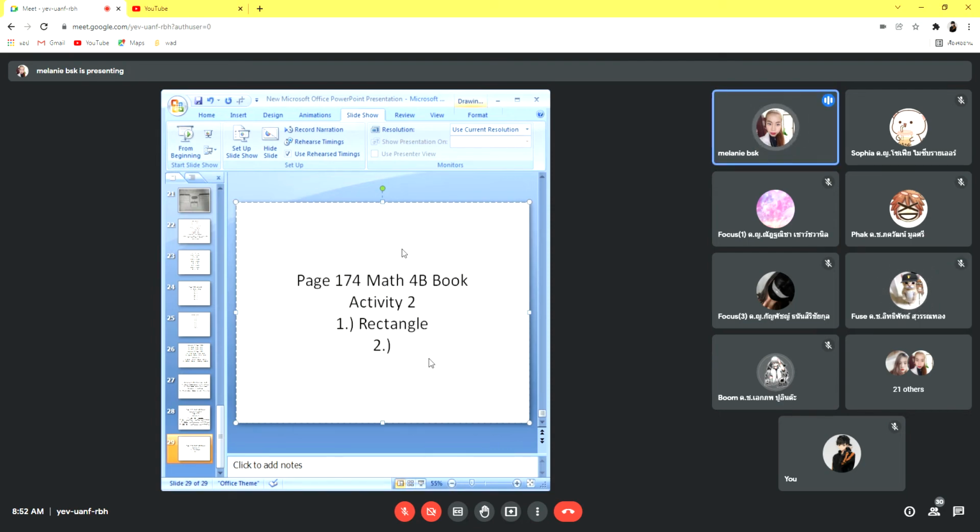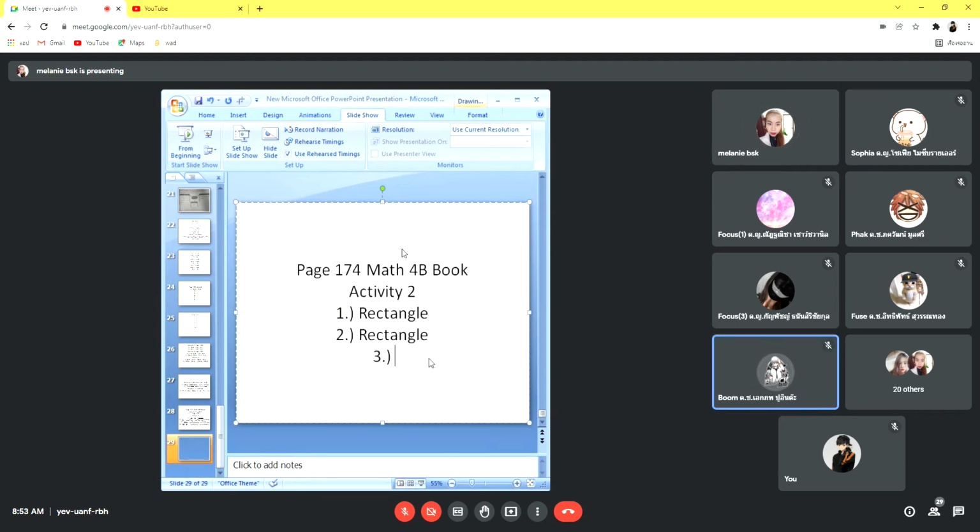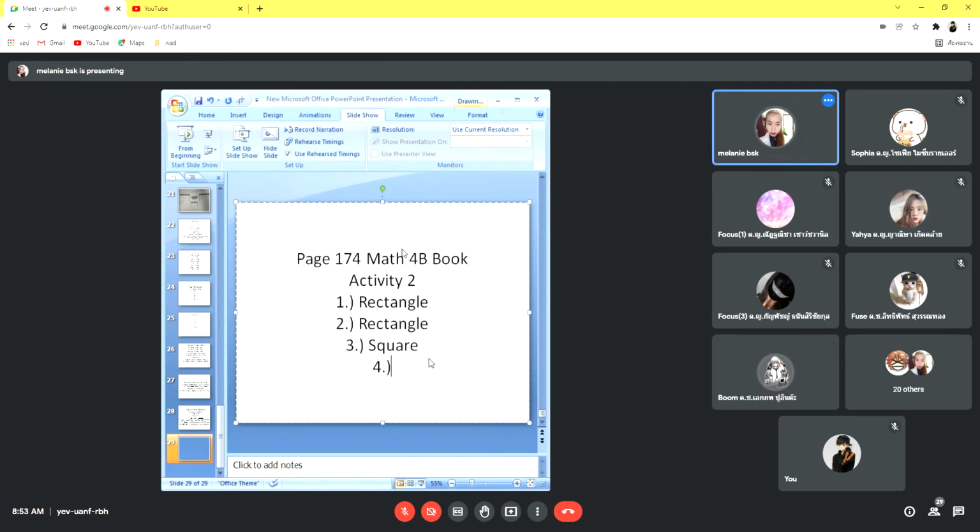Children, number 2, rectangle or a square? A rectangle. Okay, how about number 3? A square, very good. How about number 4? A square. Okay, very good.